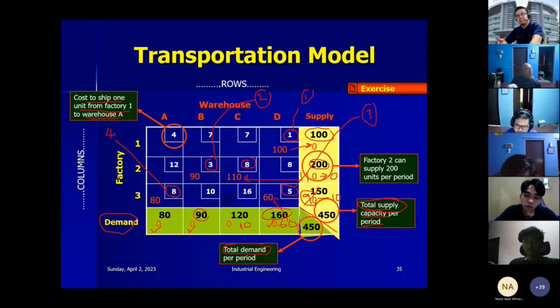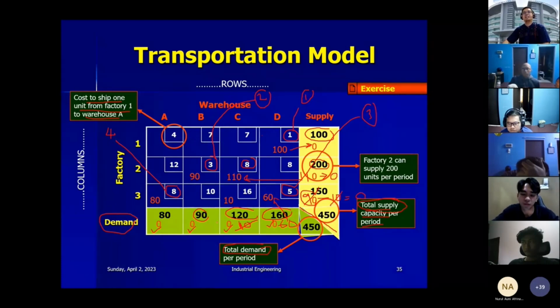And last but not least, which one after 8? 10 cannot be, because the balance is 0. Still 10 here. So we found 16 here. 110 plus 10, we get 120, minus 120, we get 0. 10 minus 10, we get 0 again. So until we balance all these, supply will be 0 and demand will be 0. So that's it.